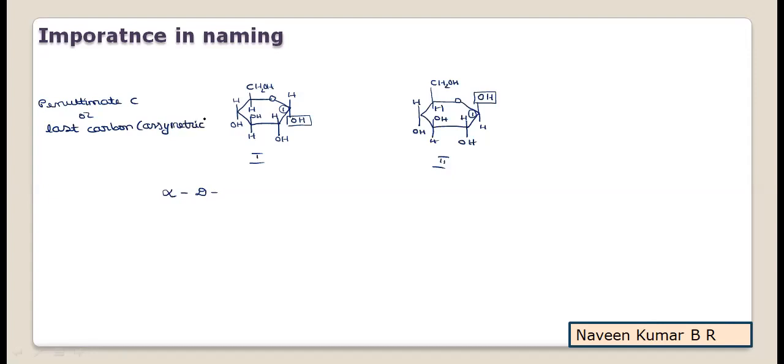On the last asymmetric carbon, we have discussed that if the hydroxyl group is on the right hand side, it is designated as D. Hydroxyl group on the left hand side is designated as L. And we know that all the naturally occurring carbohydrates have D configuration.